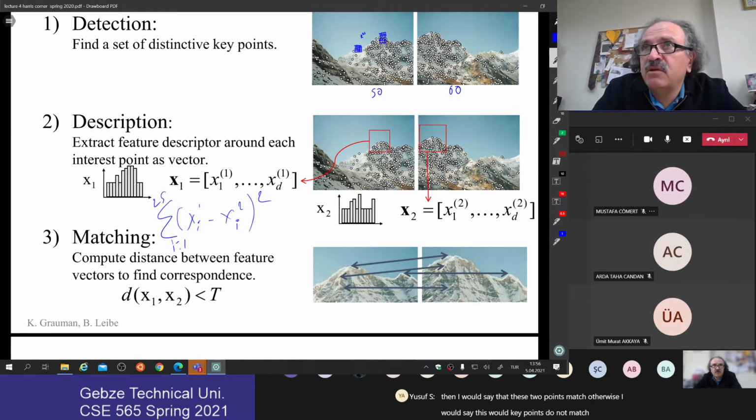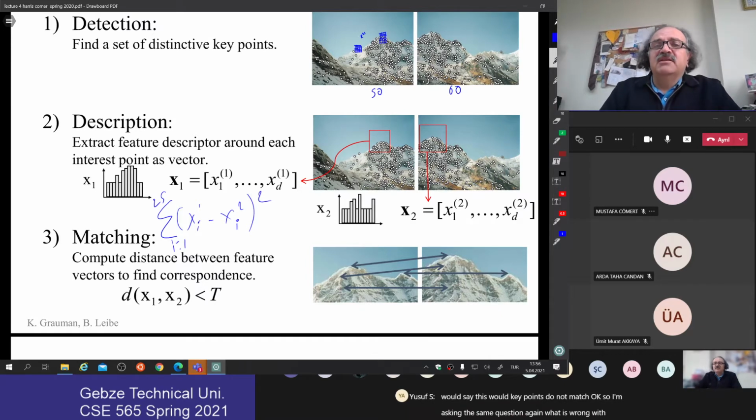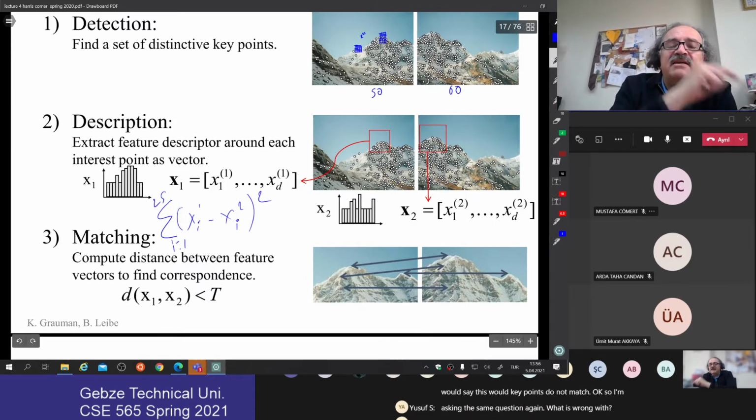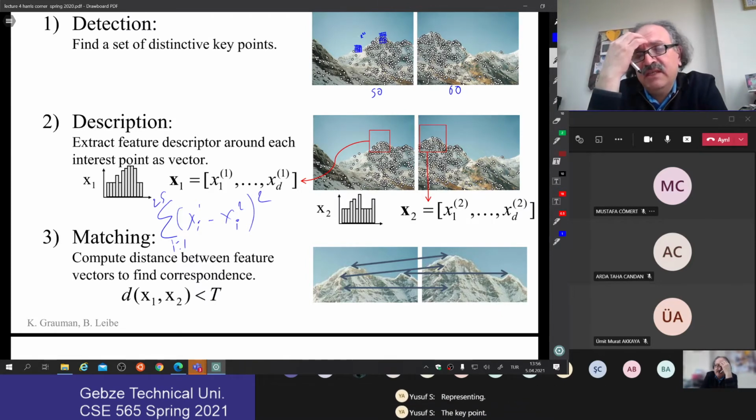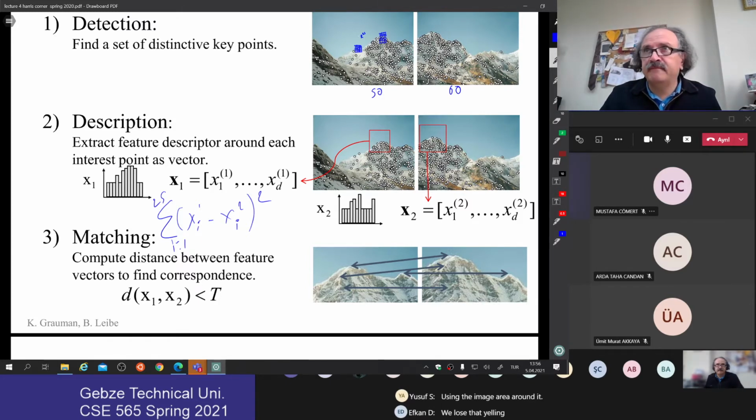So I am asking the same question again. What is wrong with representing a key point using the image area around it? We lose spatial information. We lose what?